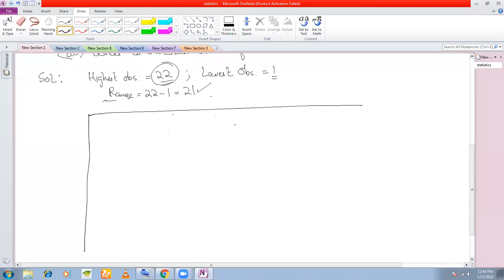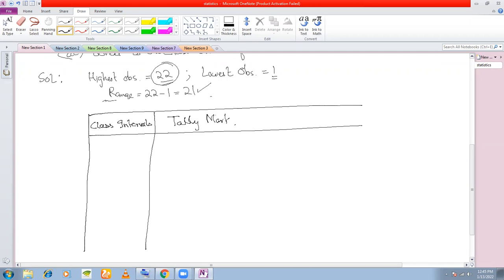The first column of this table will be class intervals. Second, the name of the second column will be tally marks, that is, where you want to count. And the third will be frequency.